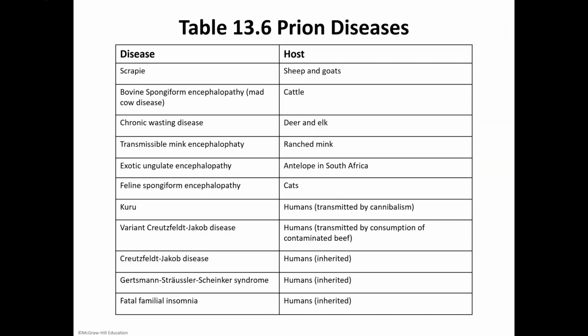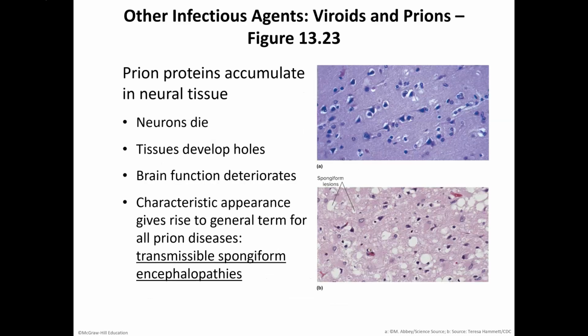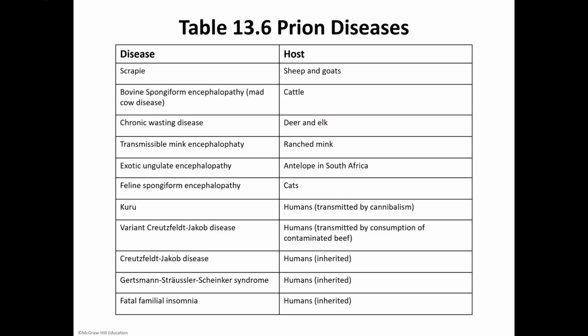There are a lot of different diseases associated with prions. This is a list of different diseases associated with prions. Most people probably have heard of kuru, the cannibalistic disease, bovine spongiform encephalopathy, and Creutzfeldt-Jakob. Those are the ones that most people talk about a lot.